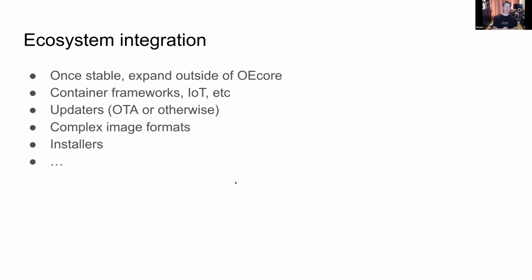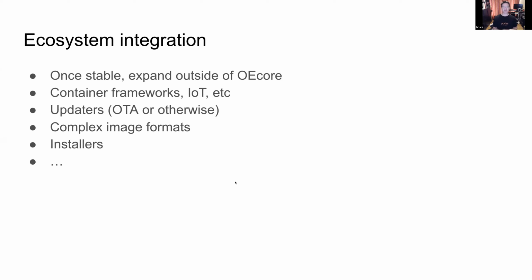So I just covered this, but there's all sorts of ways that we could go in the effort for ecosystem integration, expanding, like I mentioned, outside of OE core, because as we all know, you quite quickly, depending on what you're doing, will need packages and capabilities that are from outside of OE core itself. What container frameworks do we want to support?